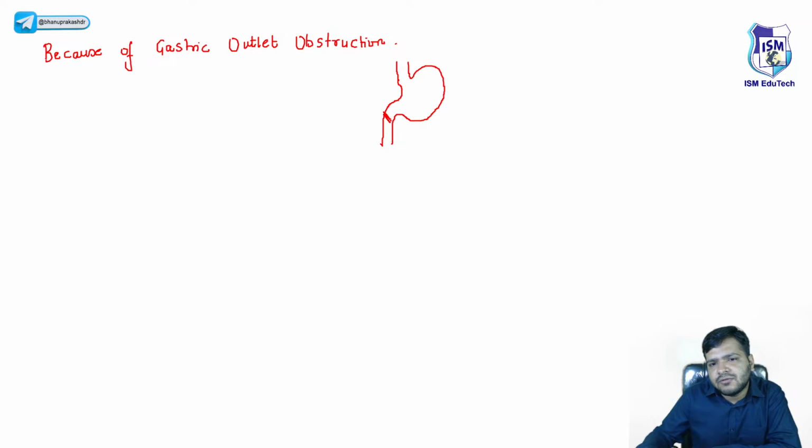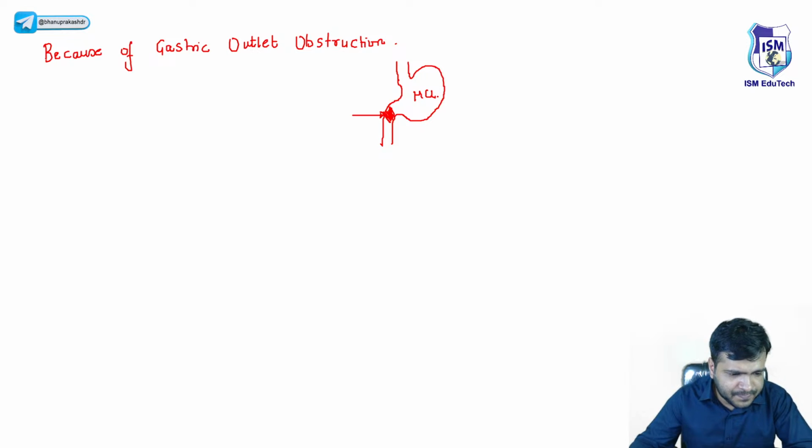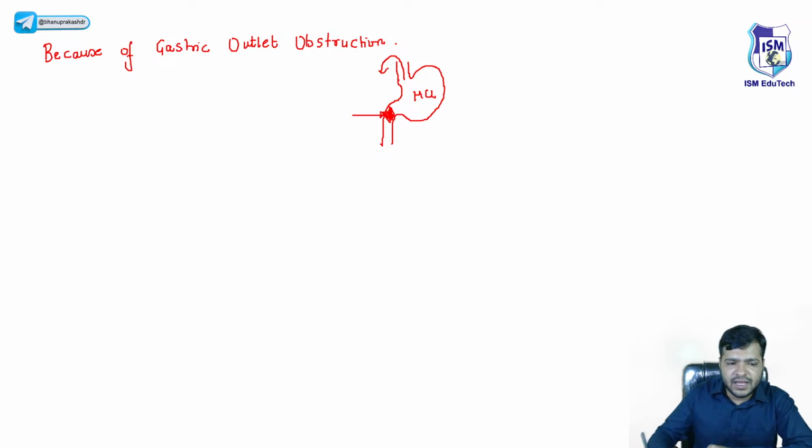If this part is obstructed, guys, the pylorus part, what will happen? We already know we have HCl in the stomach. Along with the food contents, the HCl will move out through the mouth along with the vomiting. So this HCl will come out in the form of H+ and Cl- ions.